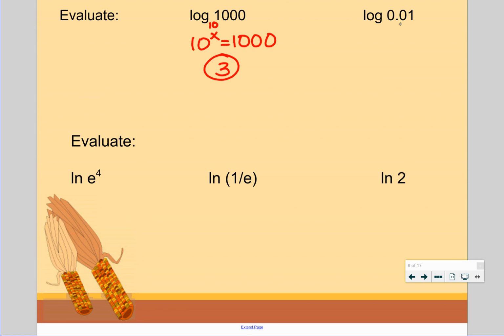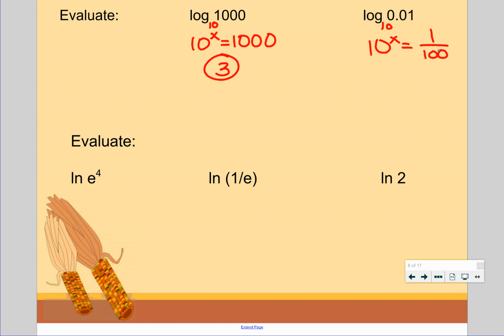If I see a decimal, okay, so I've got log base 10 of 0.01, I prefer to write that 0.01 as a fraction because it makes the problem easier to do in your head. 0.01 is 1 what? If I were going to read it. 1/100th.